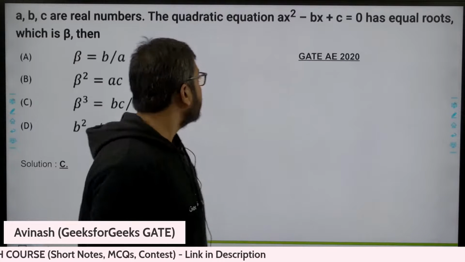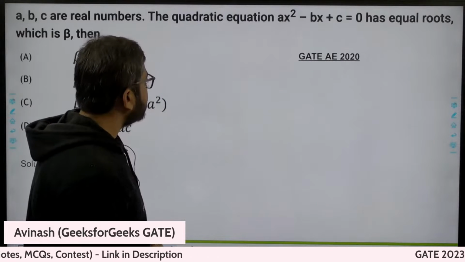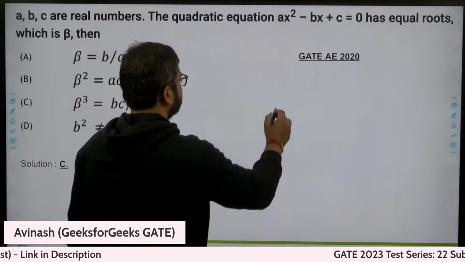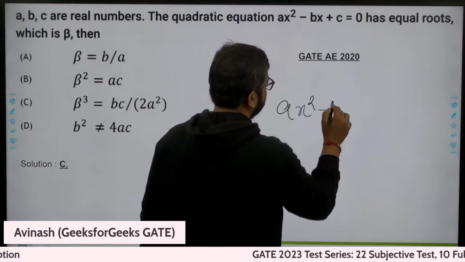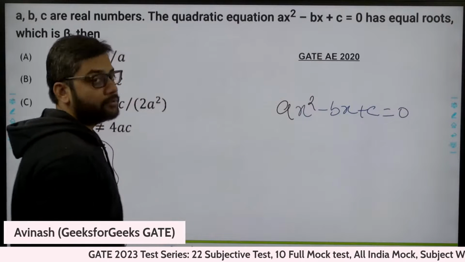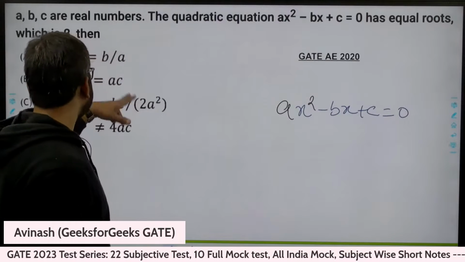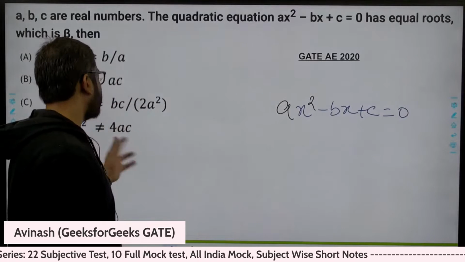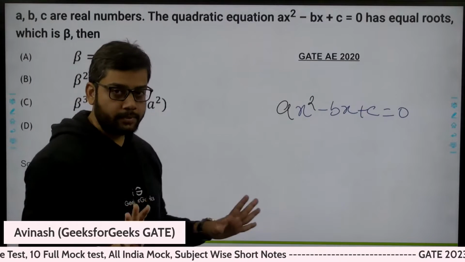A, B, C are real numbers. For the quadratic equation ax square minus bx plus c is equal to 0, it has equal roots, which is beta is equal to beta. This is our possible option. Just tell me one thing.